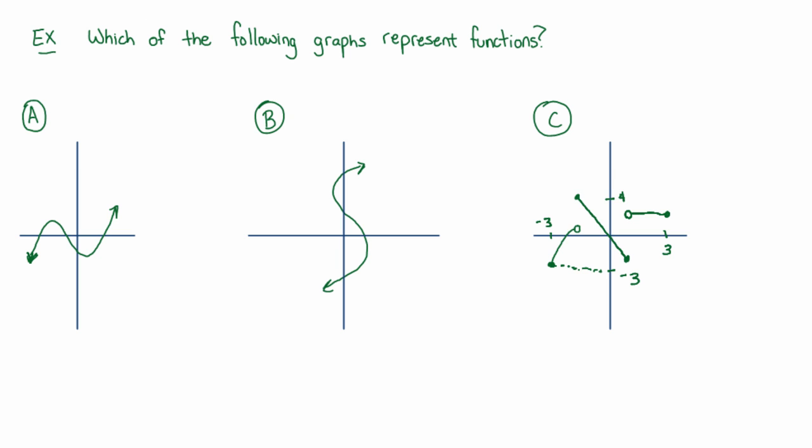Choose any input, like this value for an input, and see where it leads to an output. Choose this input and see where it leads to an output. And so on and so forth. Every x value or input value, I should label this x and y, every value I plug in leads to a single output. This is a function.